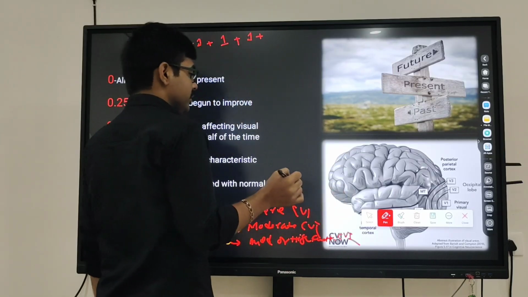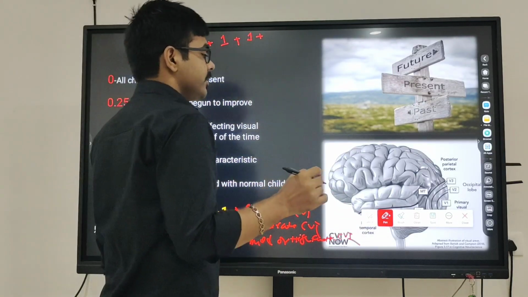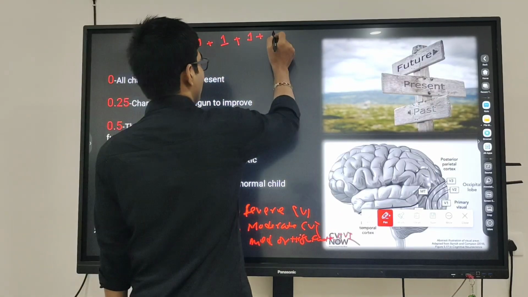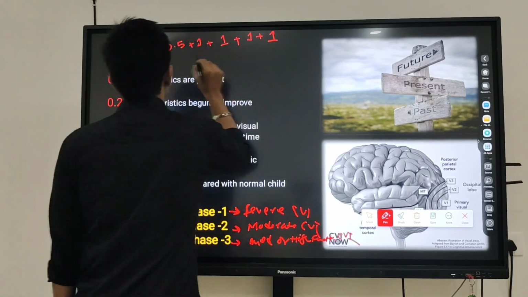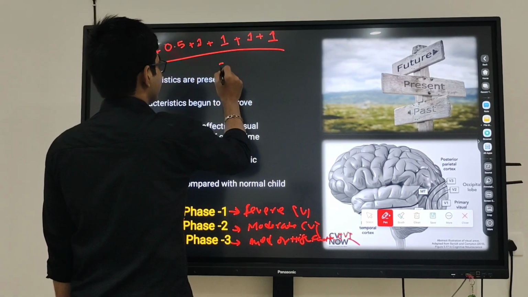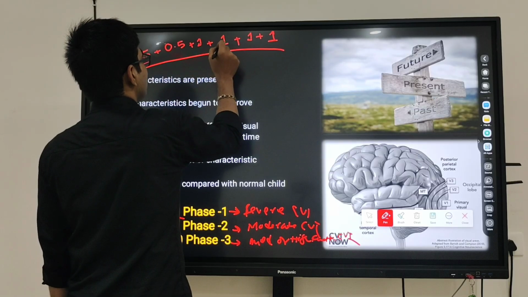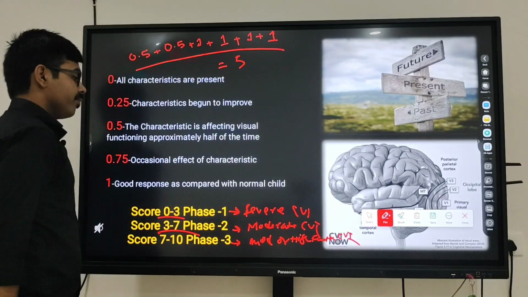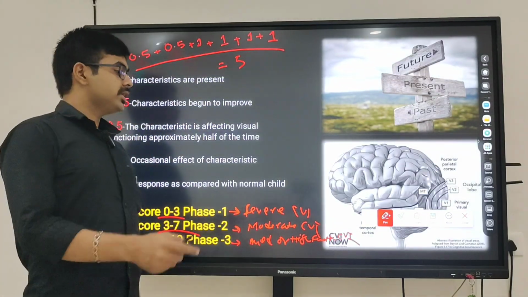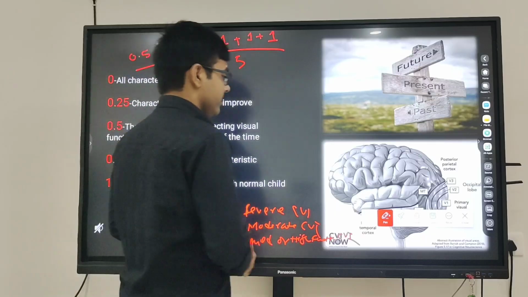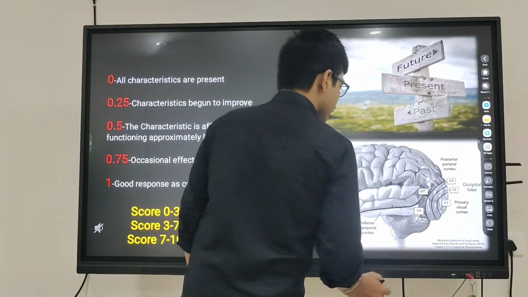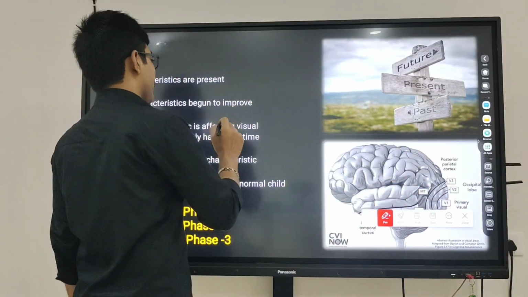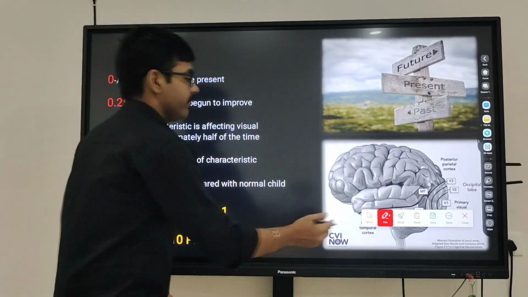Then the child is making eye contact and identifying different new objects, so visual novelty is also not a problem. After calculating the other characteristics too, we can see the score is 1, 2, 3, 4, 5. So this child can have phase 2 cerebral visual impairment. Got it? So this is how we basically segregate the severity of cerebral visual impairment.